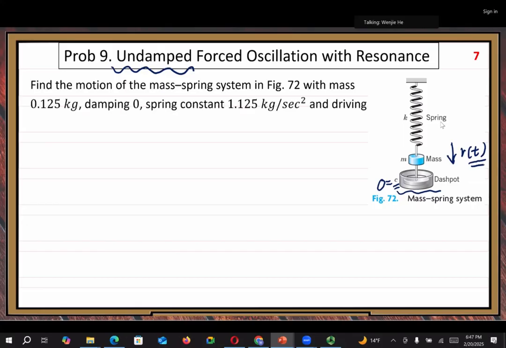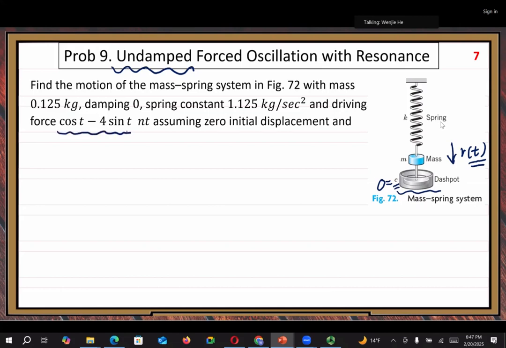Now, this is the driving force, external. The driving force has its own frequency. Can you tell me what the frequency of the driving force is?